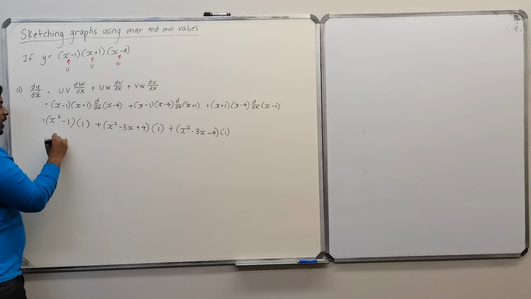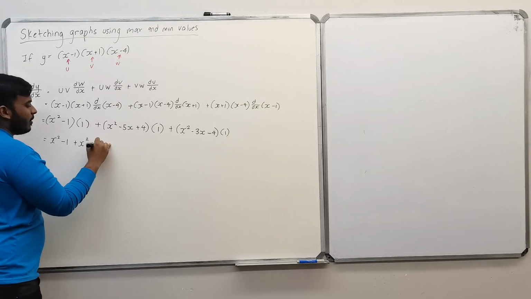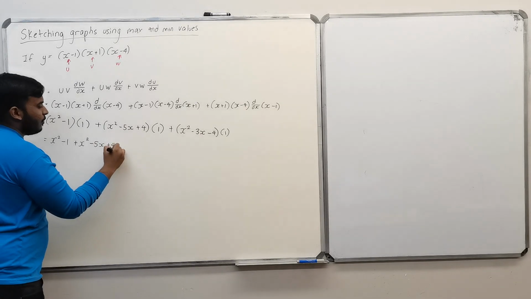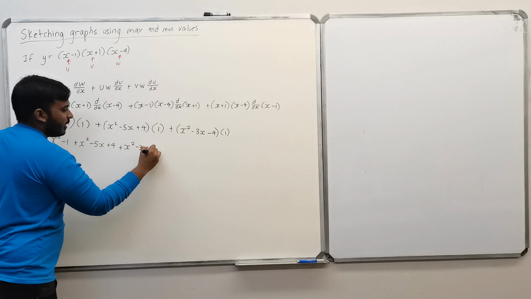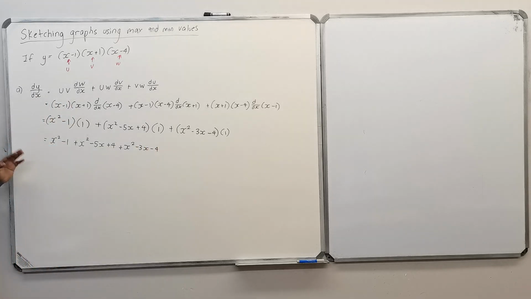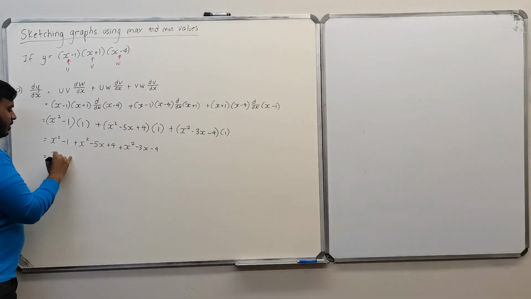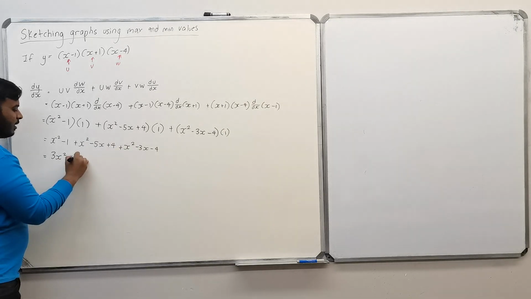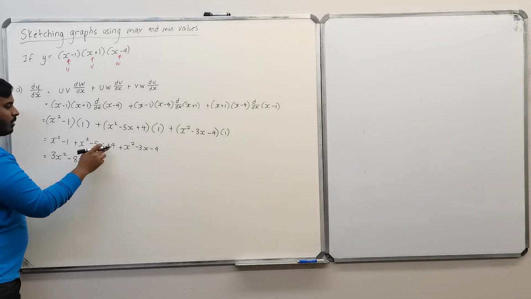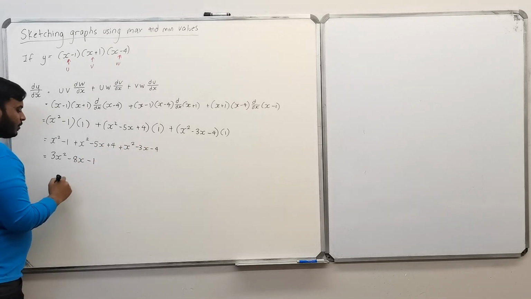So you have x squared minus 1 plus x squared minus 5x plus 4 plus x squared minus 3x minus 4. So far, everybody with me? So this becomes 3x squared minus 5x minus 3x, minus 8x, minus 1 plus 4 is 3, minus 4 is minus 1.